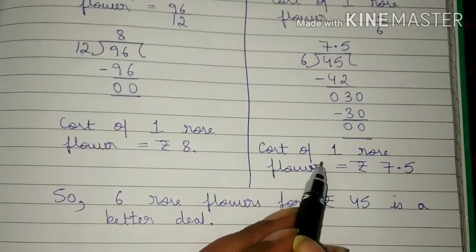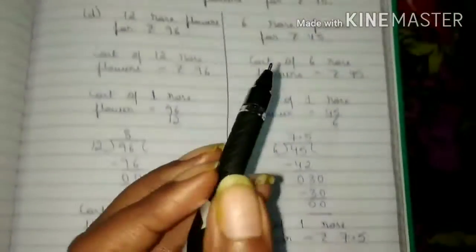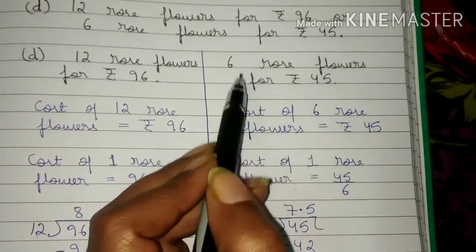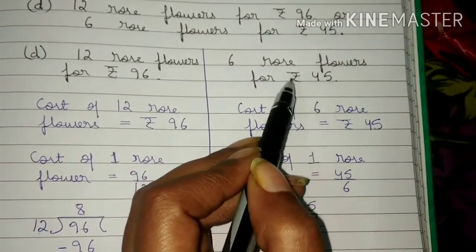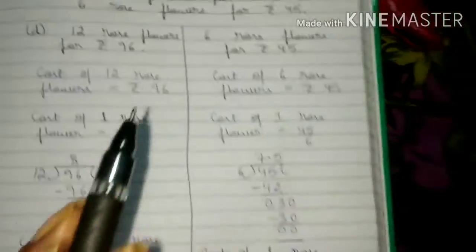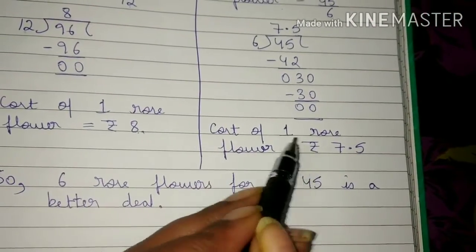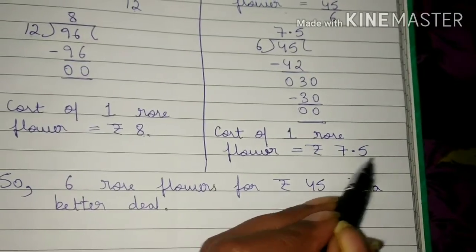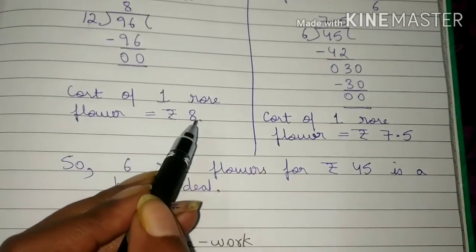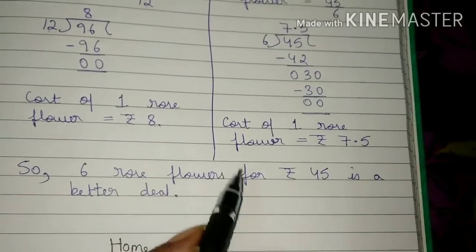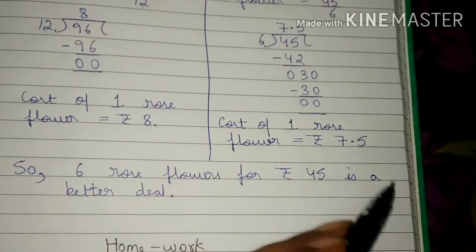So, this one is a better deal. So, 6 rose flowers for rupees 45 is a better deal because here cost of one rose flower is rupees 7.5, which is less than rupees 8.